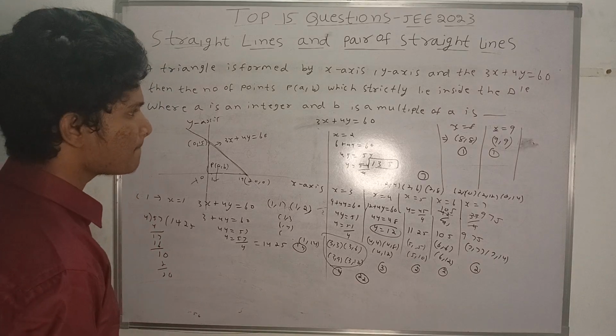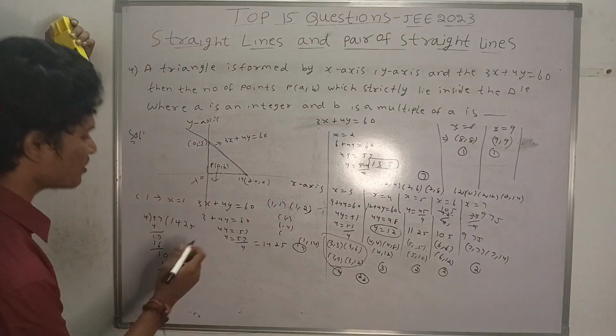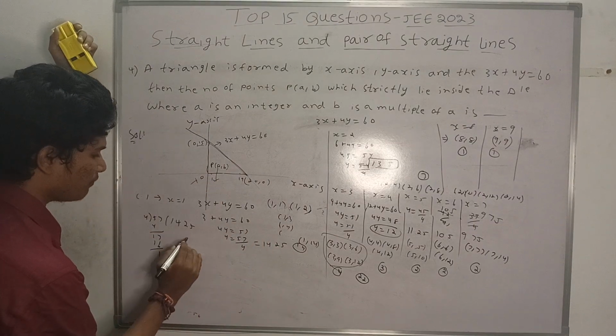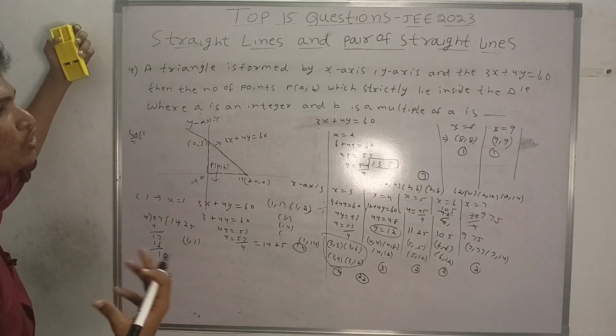Is this correct? So you can take a rough estimation, that is when x equals 1, you can get 1 comma 1, but they kept that it should be a multiple.